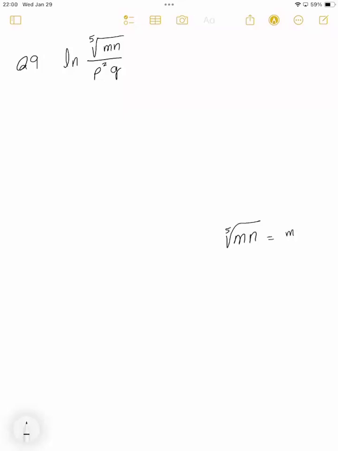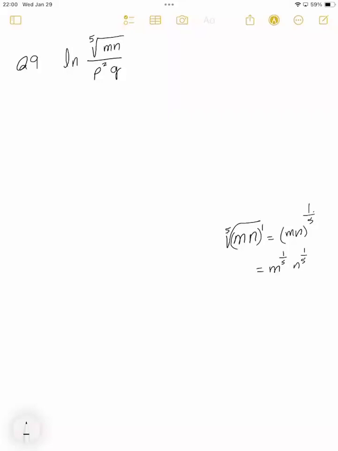We can write it as mn to the power 1 over 5, because if you put parentheses here, the exponent is 1, the root is 5, so you can write it mn to the power 1/5, okay? You could also write this as m to the power 1/5, n to the power 1/5. You can also do that too.